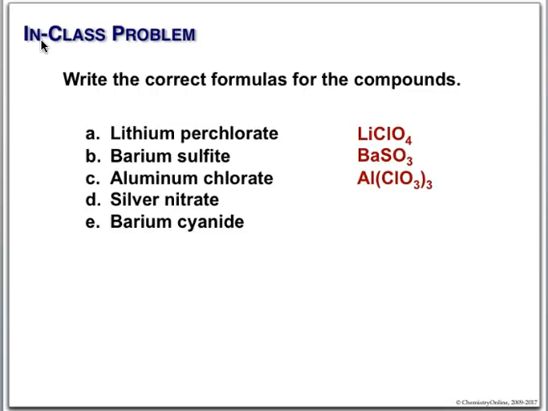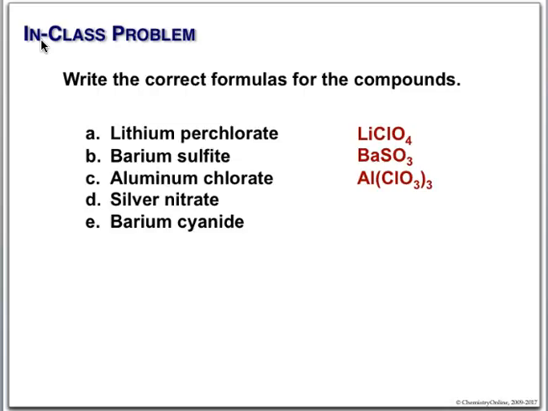Silver nitrate. Now silver is Ag. Somebody's going to look at that and tell me that's a transition metal. But silver is one of the reliable transition metals. It is always +1.